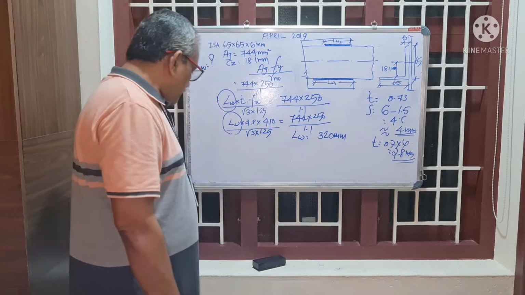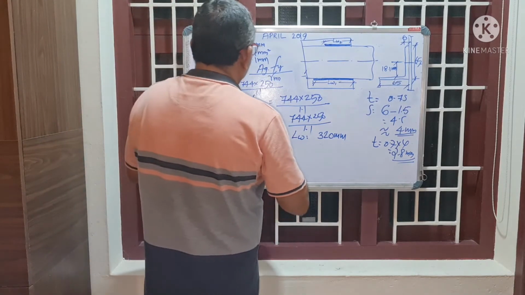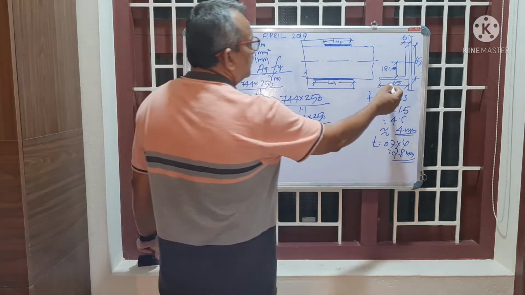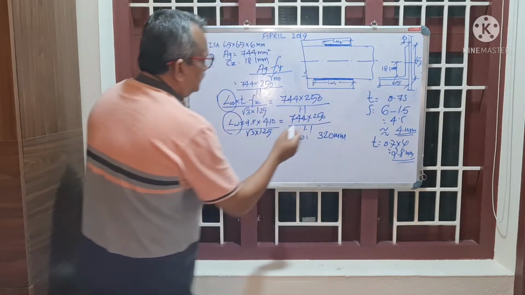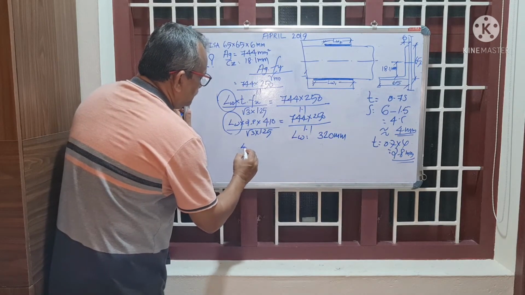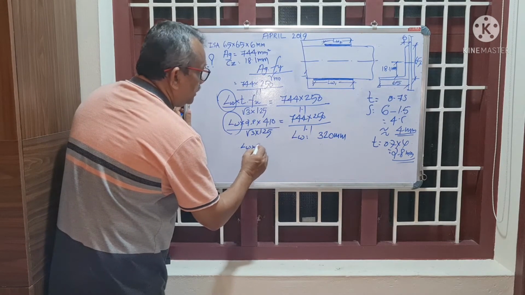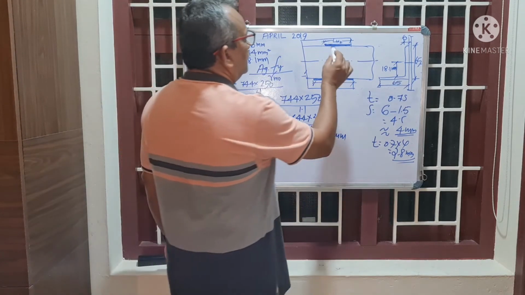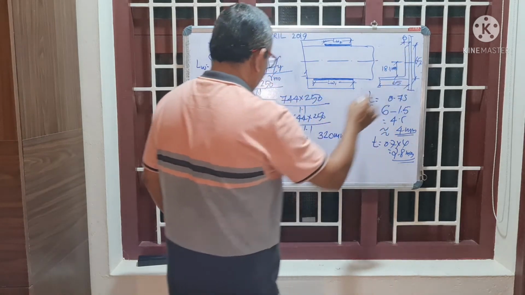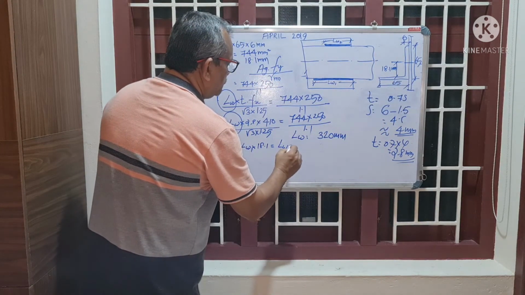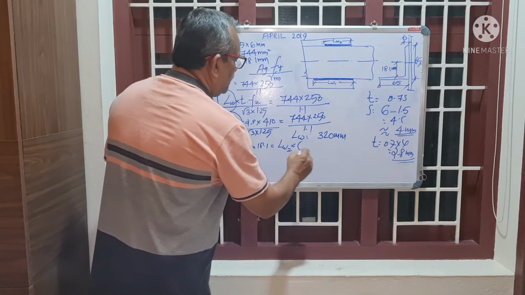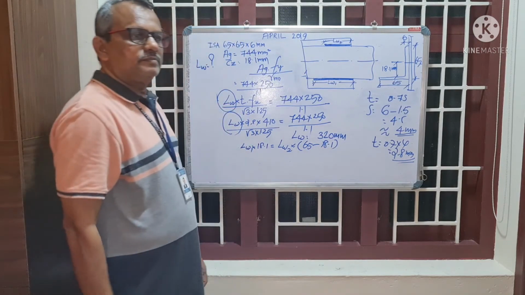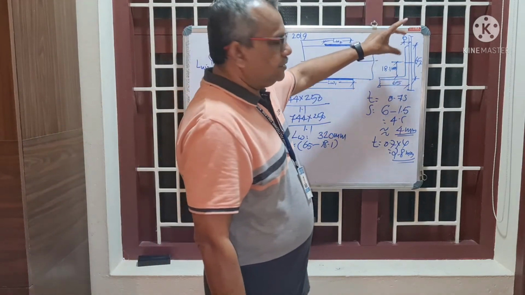By taking moments, we can find out these values. That is, see here, LW1 into 18.1 equals LW2 into this distance, LW2 into (65 minus 18.1). Isn't it? That will be the distance.